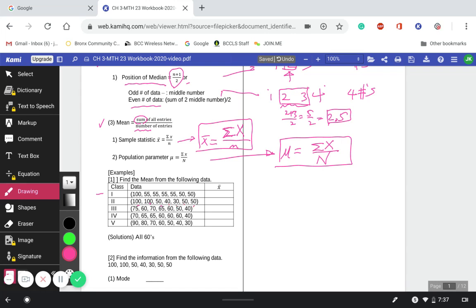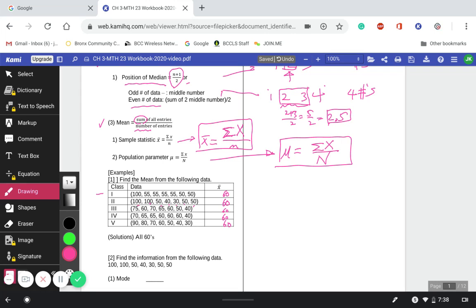Then what is their average, their mean value? The mean value of the first one is 60. The mean value of the second one is 60. And 60, 60, 60. So all of them have a mean value, an average value, of 60, even though the distribution of each individual score looks different.